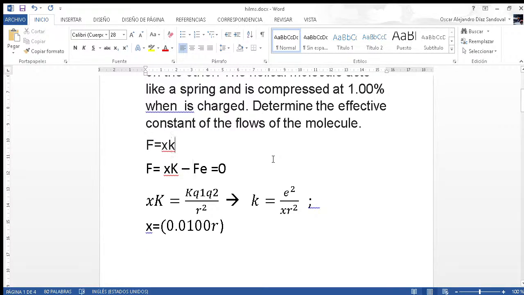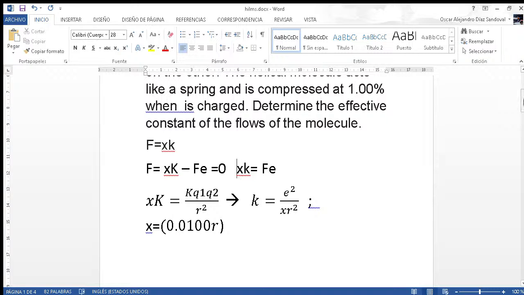So if we do this operation to equal these two terms of the equation, we are going to have this simple equation.